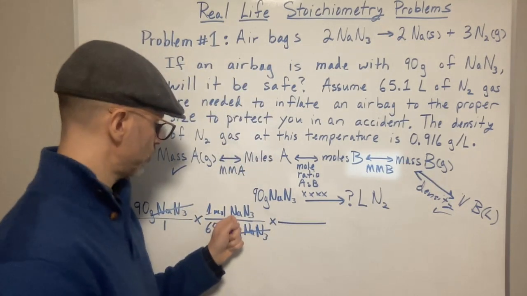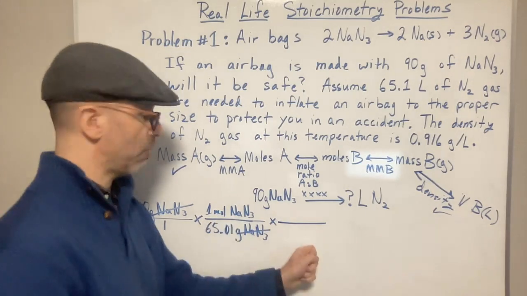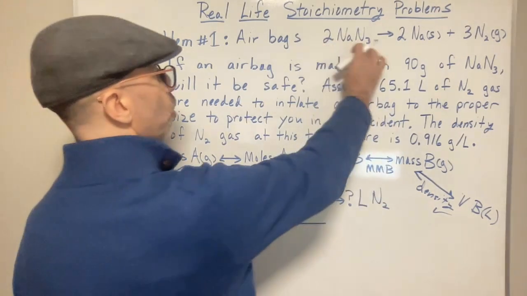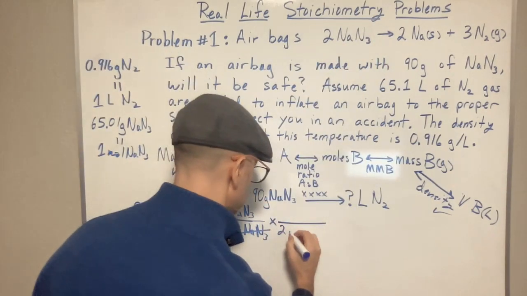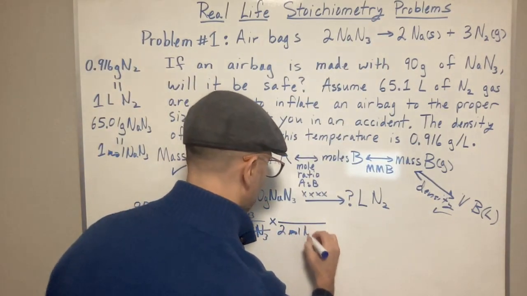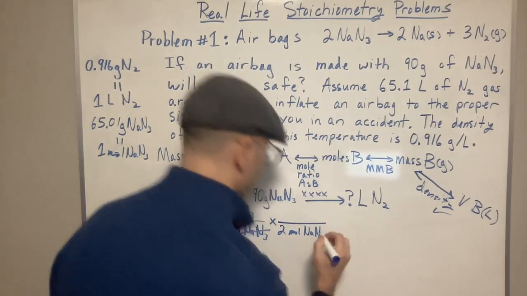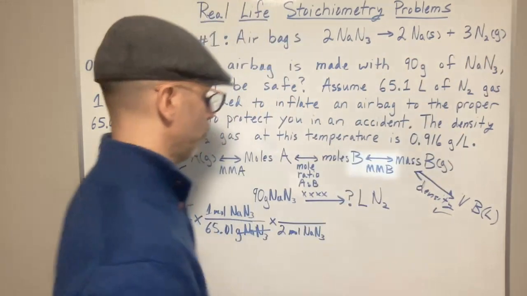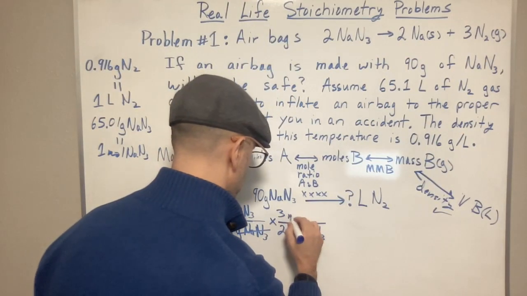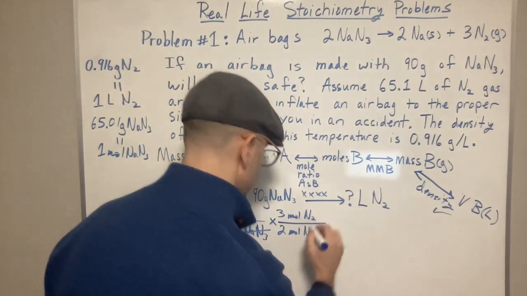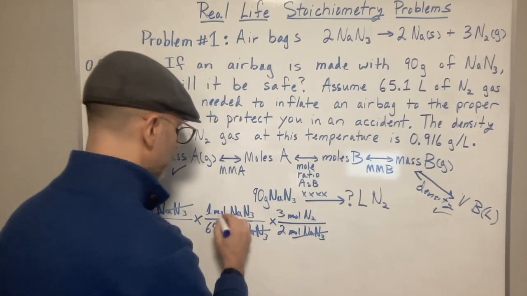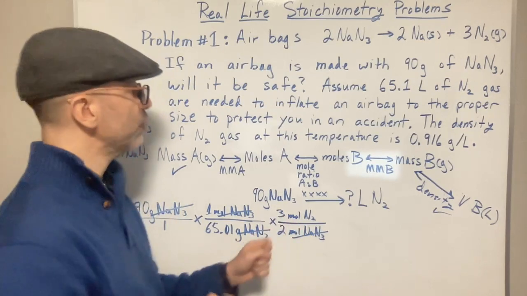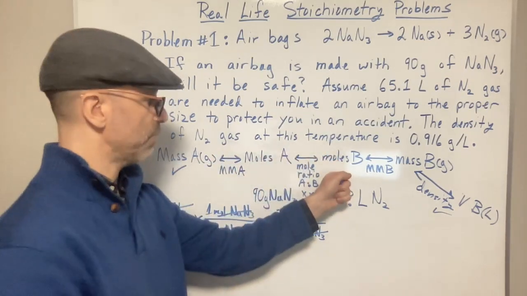Since I have moles of NaN3 on top here, I want moles of NaN3 down here to cancel out. So 2 moles of NaN3, and on top is going to be 3 moles of N2. So moles of NaN3 cancel out. Now I have moles of B, which is moles of N2. So now I am here on my roadmap.